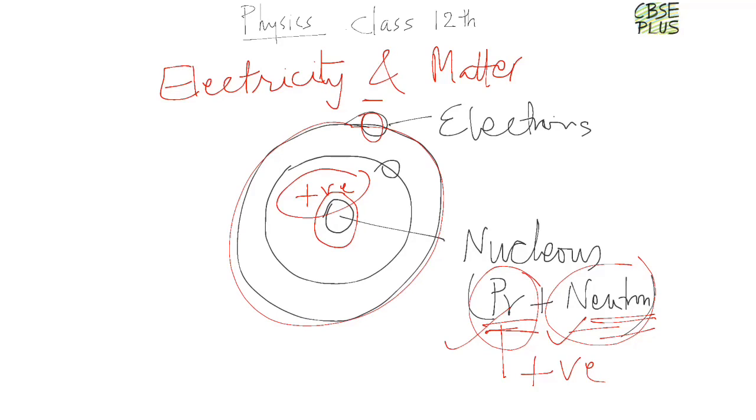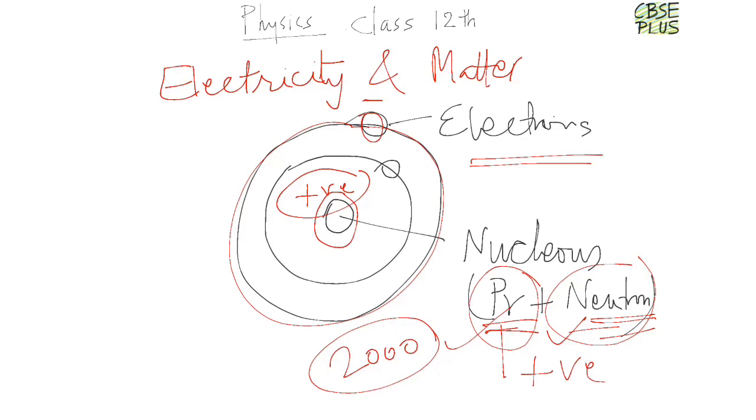One important thing to know is that protons are 2000 times heavier than electrons, and the same goes for neutrons. For example, if one electron is 1 kg, then one proton is around 2000 kg, and one neutron is also around 2000 kg.